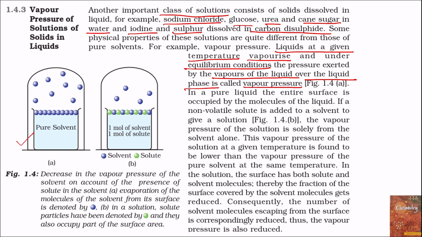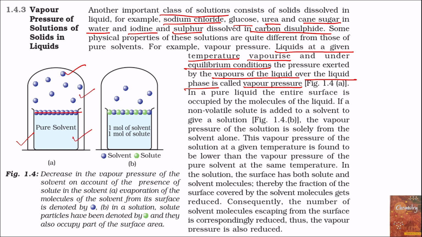See, this is the pure liquid. Suppose water. Now some of the water molecules are in the vapor phase. These blue dots represent the water molecules in the vapor phase, and evaporation is taking place from the surface of the liquid, and some of the water molecules are going into the vapor phase. So these are the vapors of the liquid over the liquid phase.